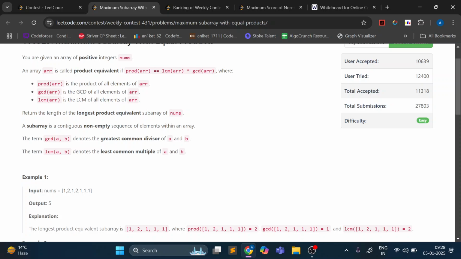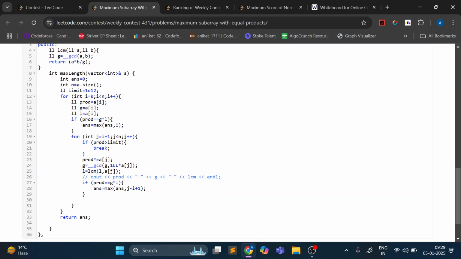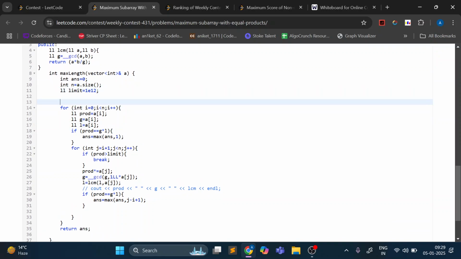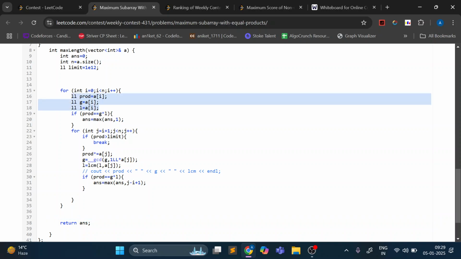The main concepts are how you find GCD and LCM. So first of all, ignore this limit and just focus on the brute force. We are starting from 0 and iterating over all the indices till n. Then we are initializing three variables: product, GCD, and LCM.